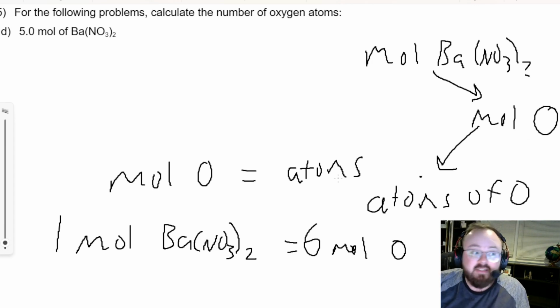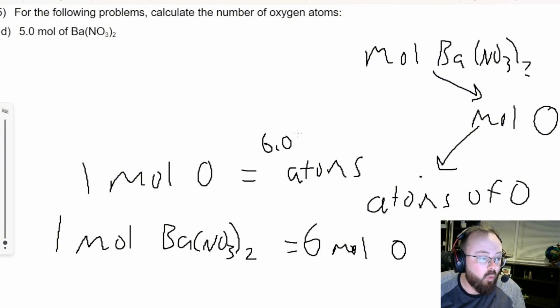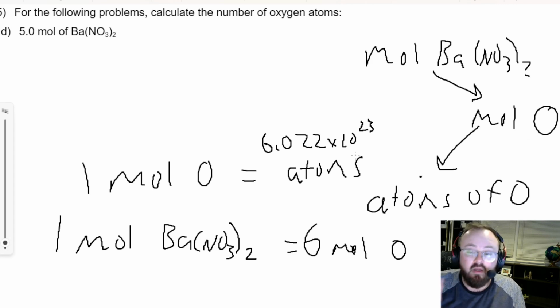If I have a dozen oxygen, it's 12 atoms. If I have a dozen barium nitrate, it's 12 barium nitrates. It's always that same ratio. That 1 mole of oxygen is 6.022 times 10 to the 23rd atoms. And so this gives us our conversion factors to start with.